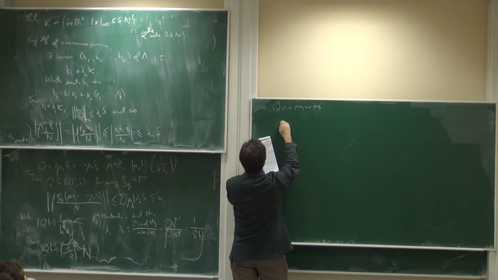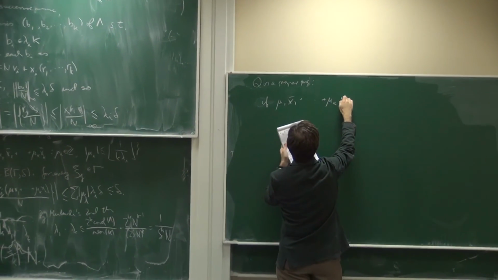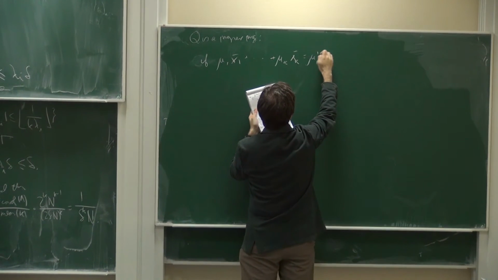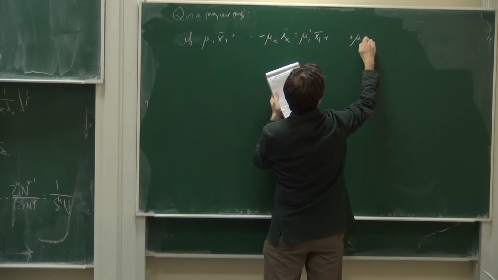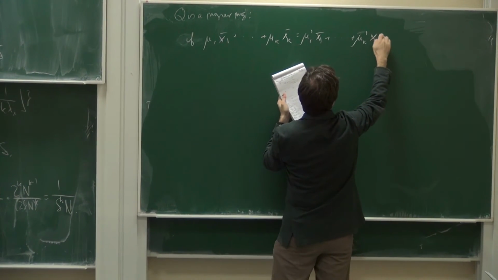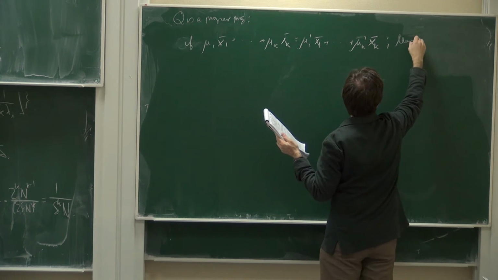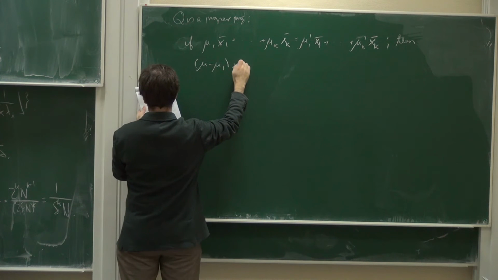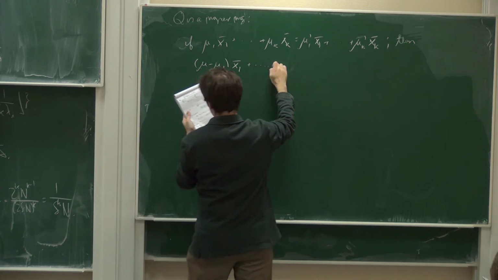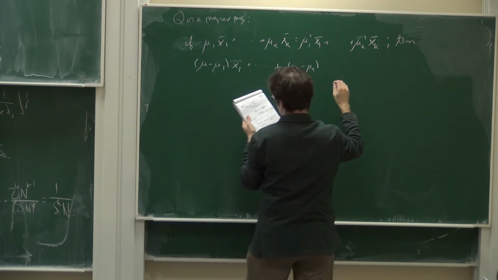So, suppose that you had an equality where these mu's are not all identical, then of course you have, well, we leave this up to x1.